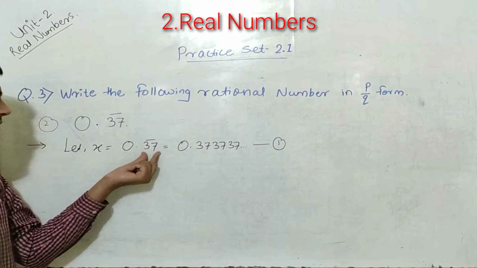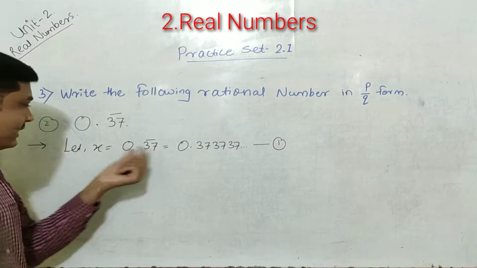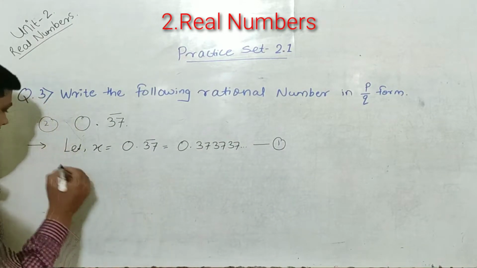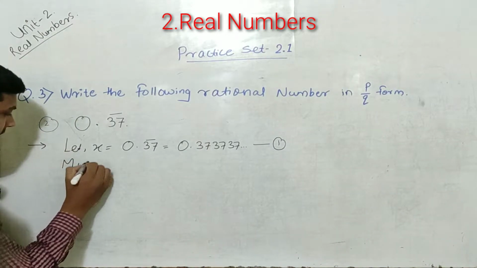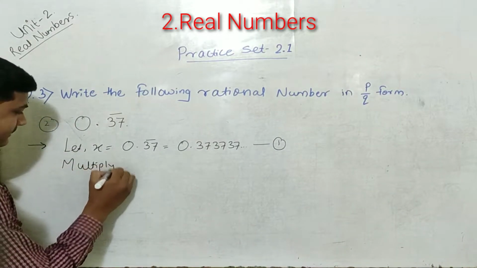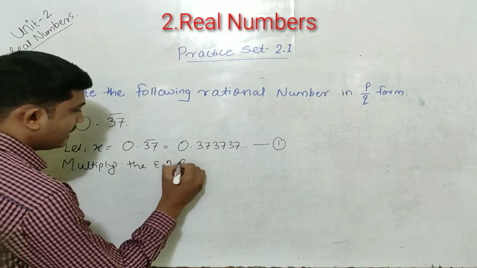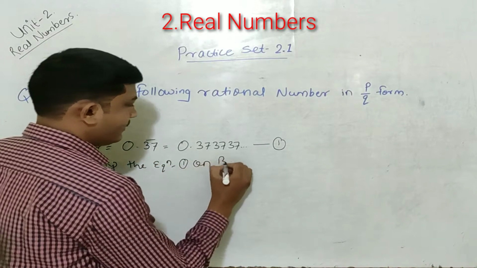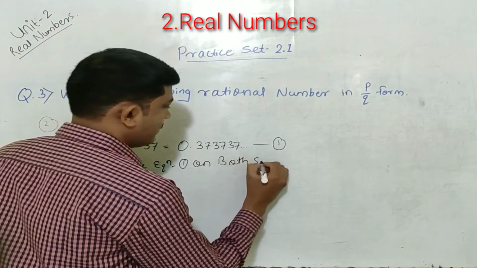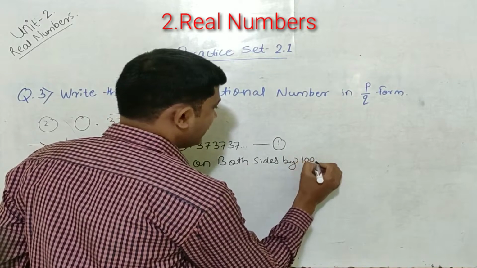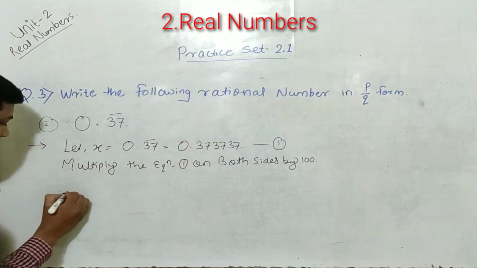In the same way, 2 digits are repeating after the decimal point, then multiply equation 1 on both sides by 100. So what do we get here?